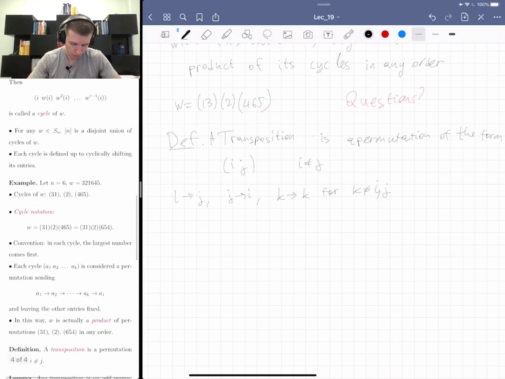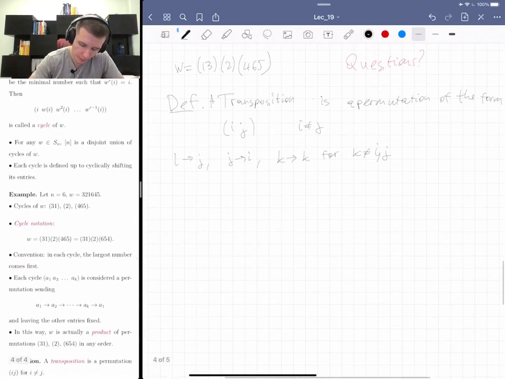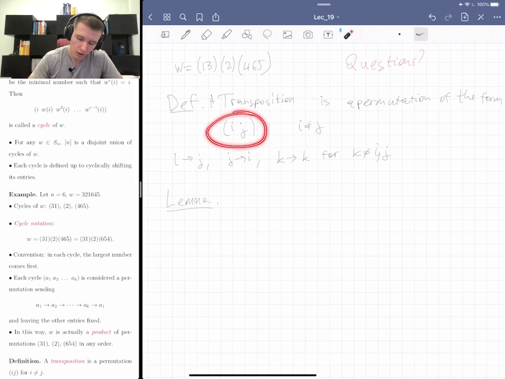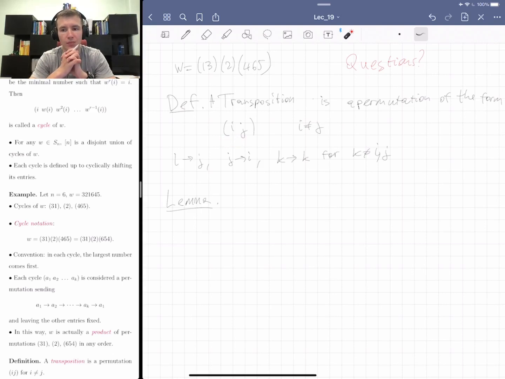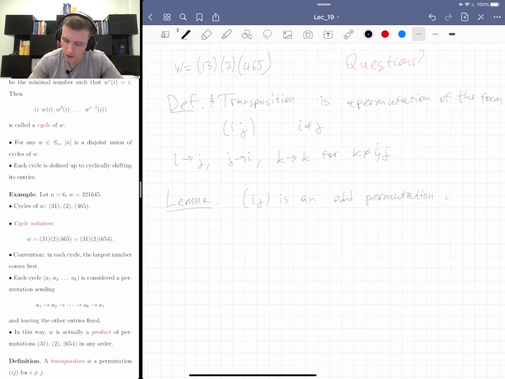So in particular, I wonder if somebody can guess. Lemma: when is a transposition of i and j even, and when is it odd as a permutation? So the transposition (i, j) is an odd permutation if and only if some condition. If the difference between them is odd. Let's see, that's actually interesting.